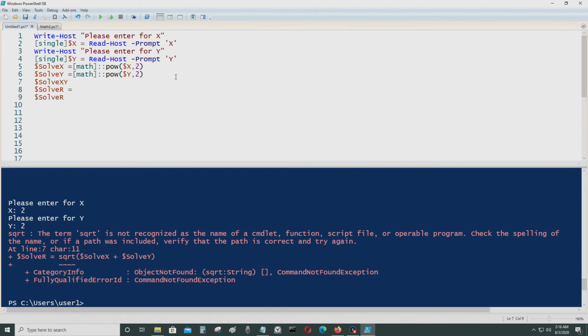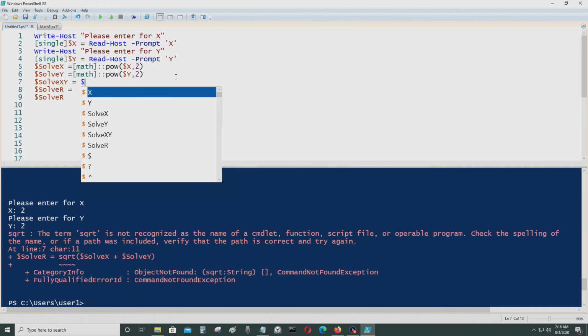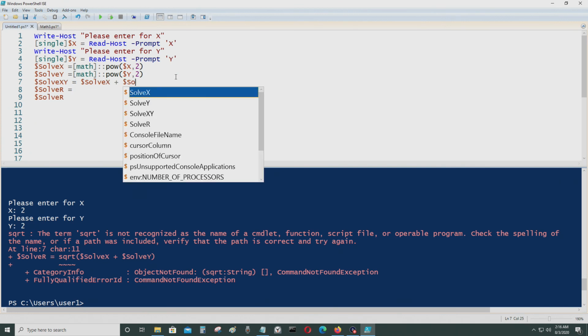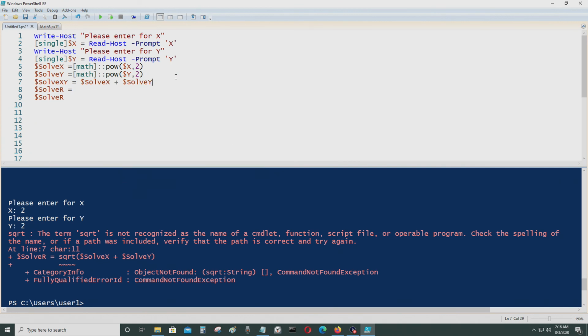Call it solve xy is equal to solve x plus solve y. Okay, that works.